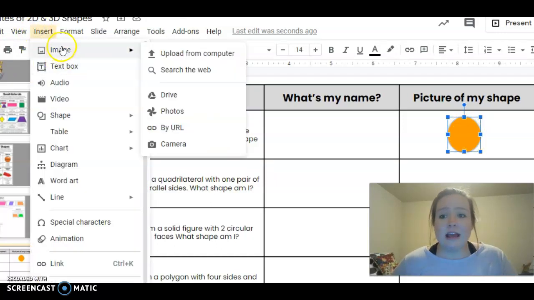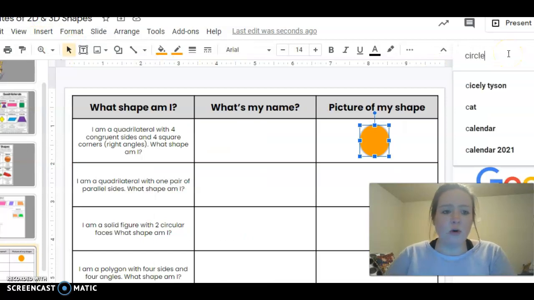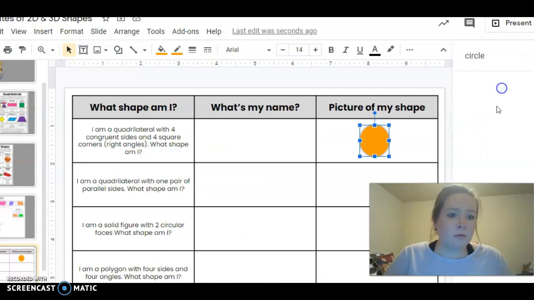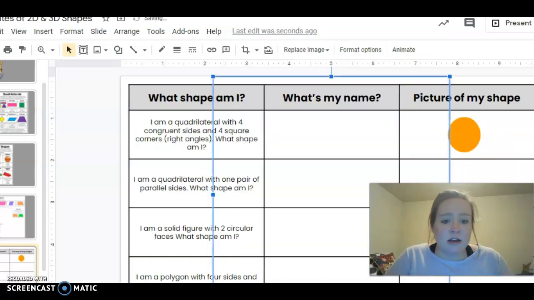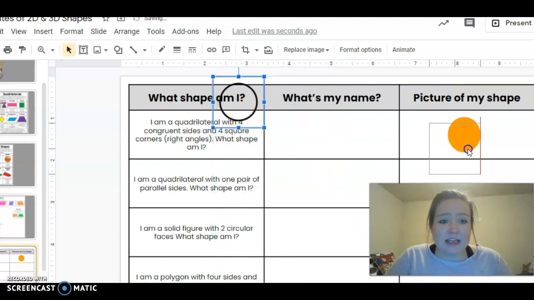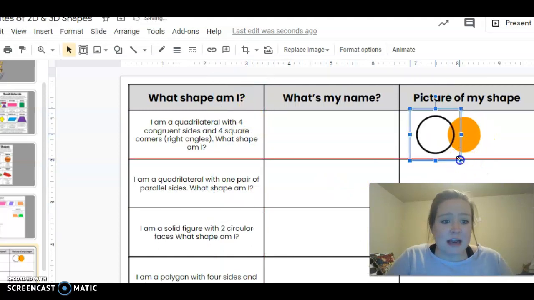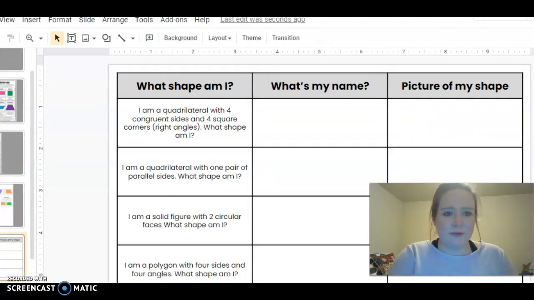If you insert an image from the web, I'm just going to say circle, and I insert this. It's really, really big, so I need to resize it to fit inside my square. All right? But I'm going to tell you, this answer is not a circle, so please don't put circle there.